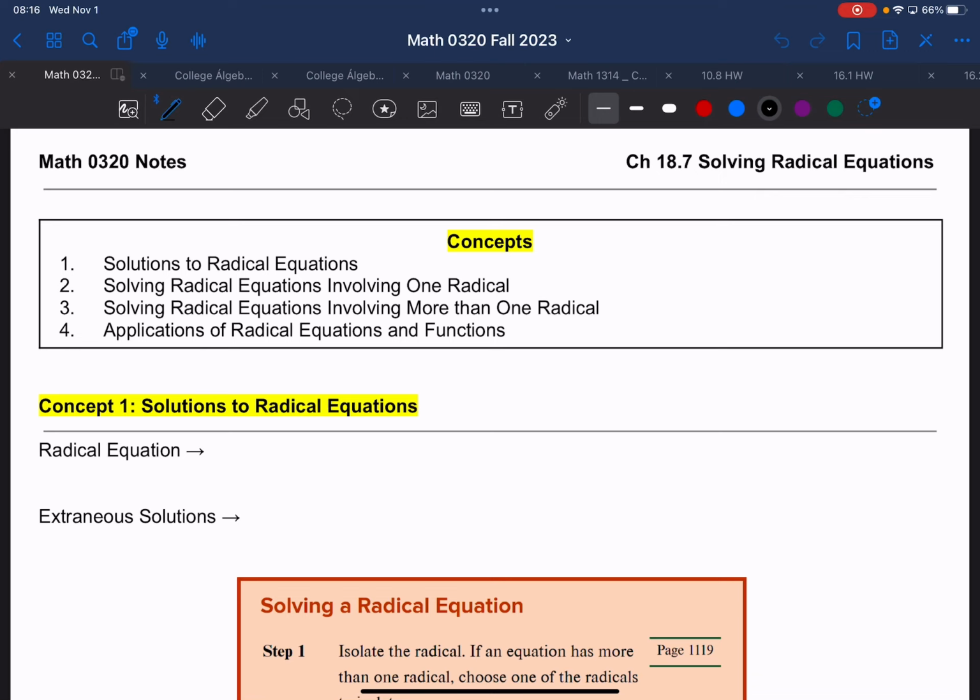So for the first concept, a radical equation is an equation with one or more radicals containing a variable.